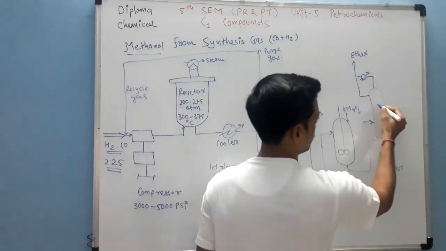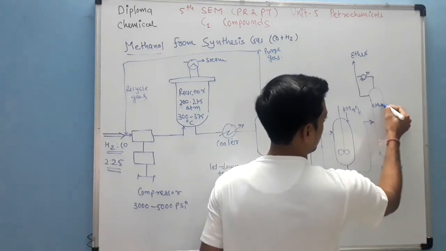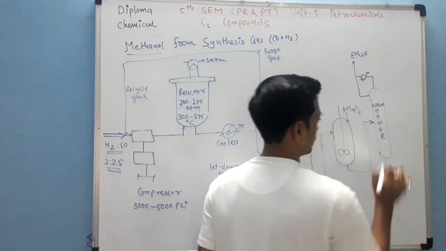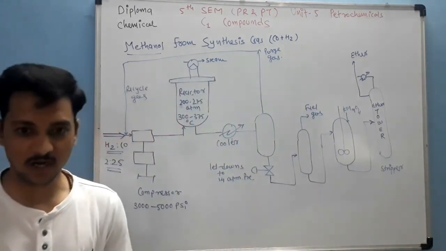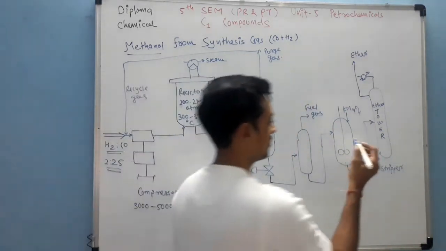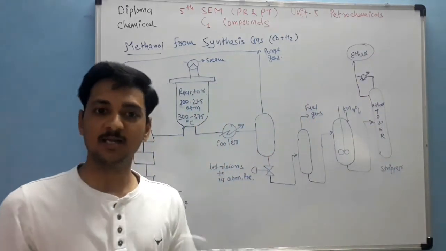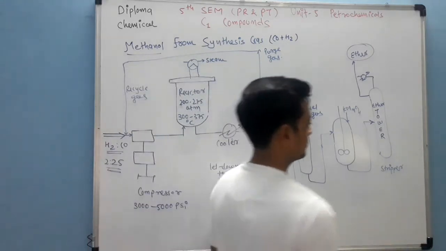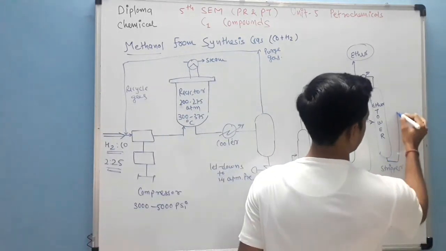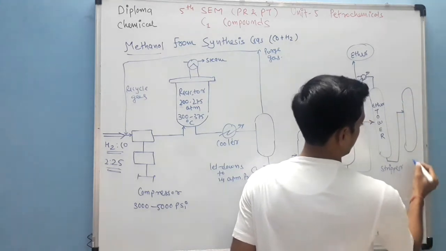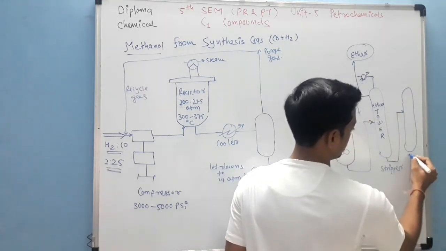What is this? Ether tower. From the ether tower, after removing the lighter ends, meaning dialdehyde ether, it is sent to a column. What is this?